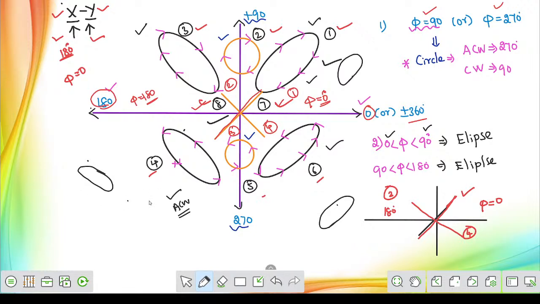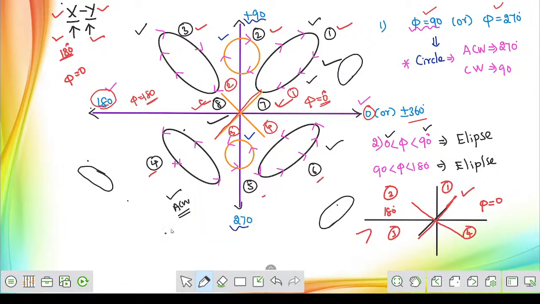If the phase angle difference between the two signals is exactly 180, you will have a straight line between the second and fourth quadrant. If the phase angle difference is 0, then you will have a straight line between the first and third quadrant. That is one type of pattern that you can observe. One or two direct questions will be asked in the exam, so keep these things in your mind.